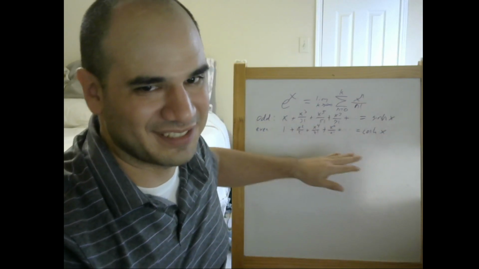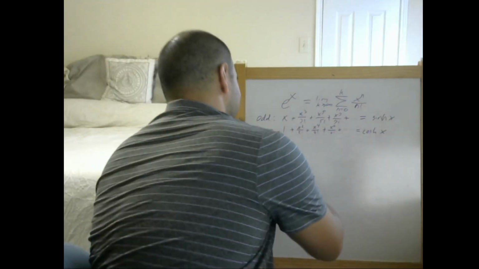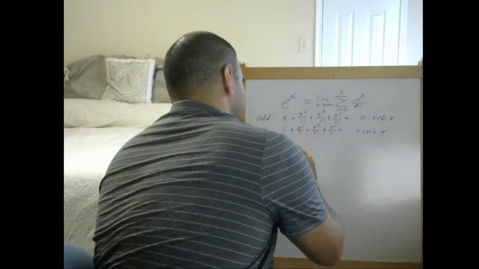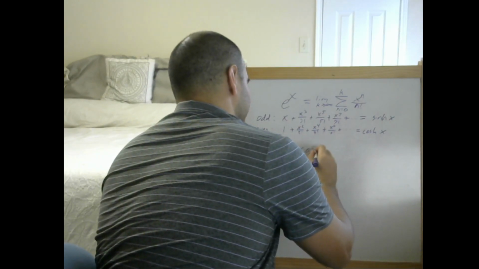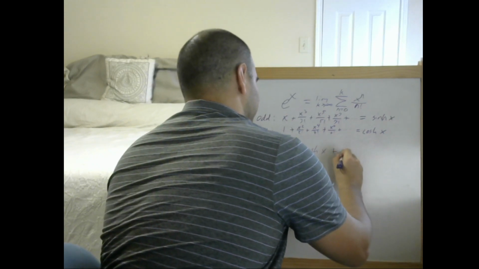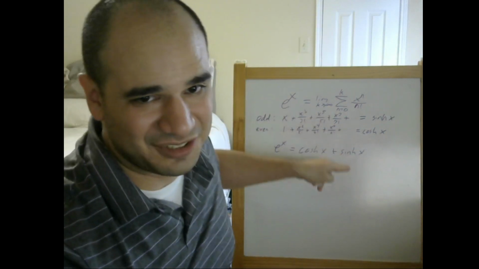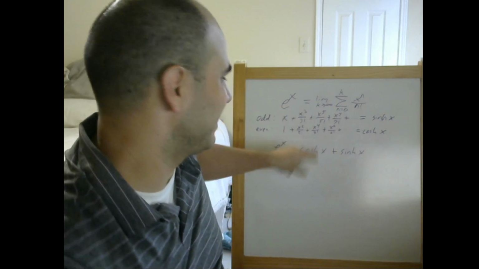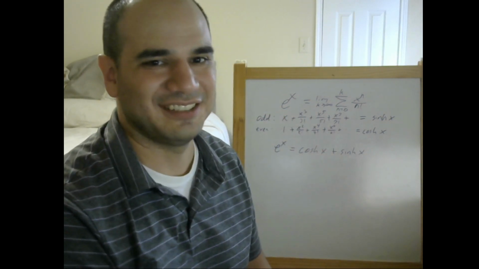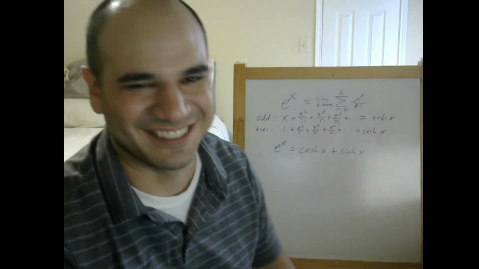Everything is strictly positive. So if you just add these two series together, you get e to the x. You get that original series. So they're significantly less interesting than the trig functions.